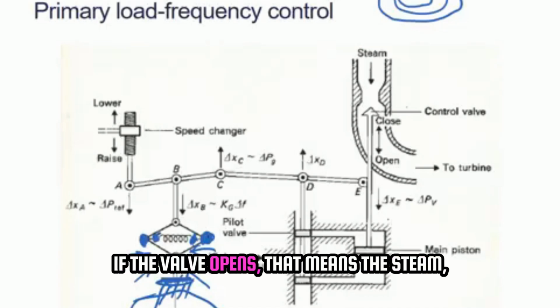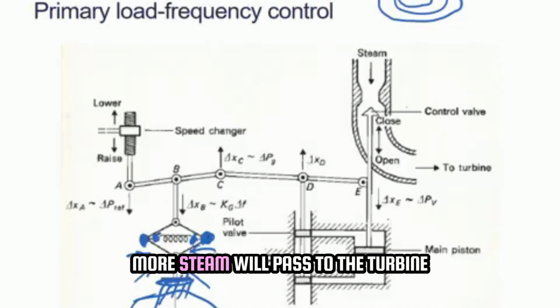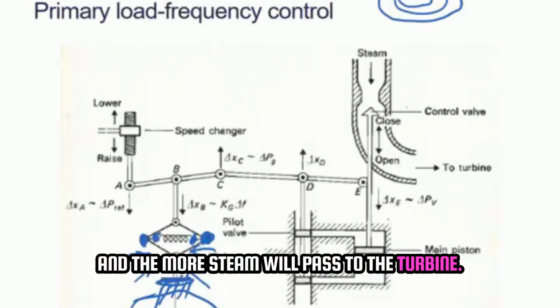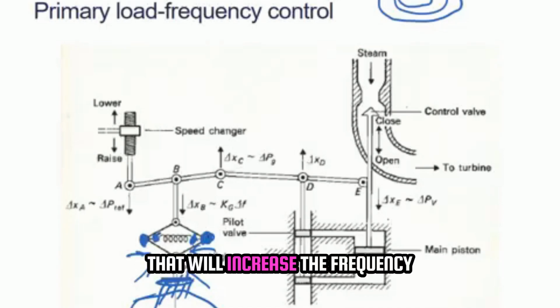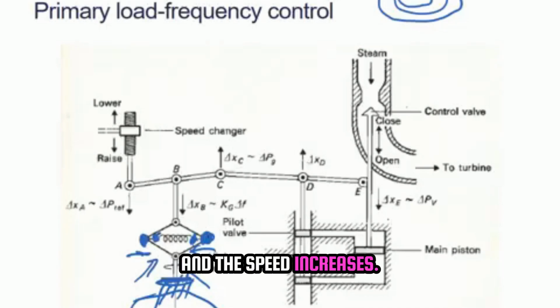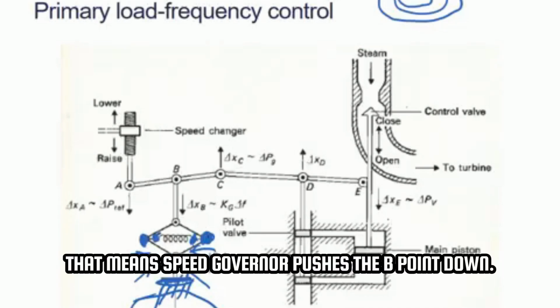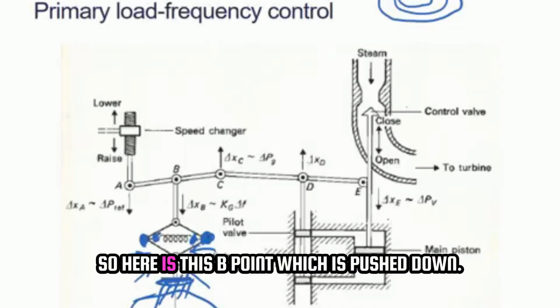If the valve opens, more steam will pass to the turbine, and that means the speed of the turbine will increase. That will increase the frequency, and when the speed increases, the speed governor pushes the B point down. So here is this B point which is pushed down.